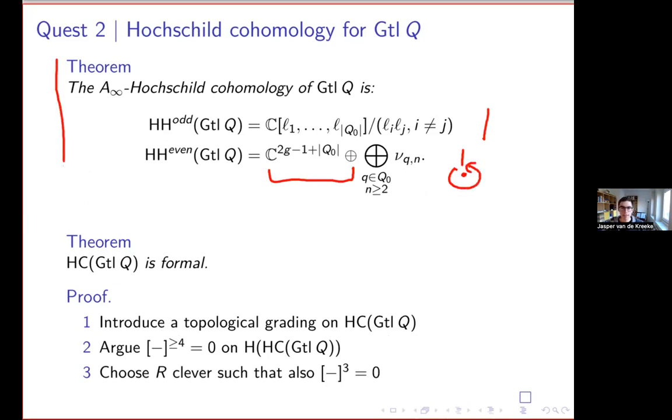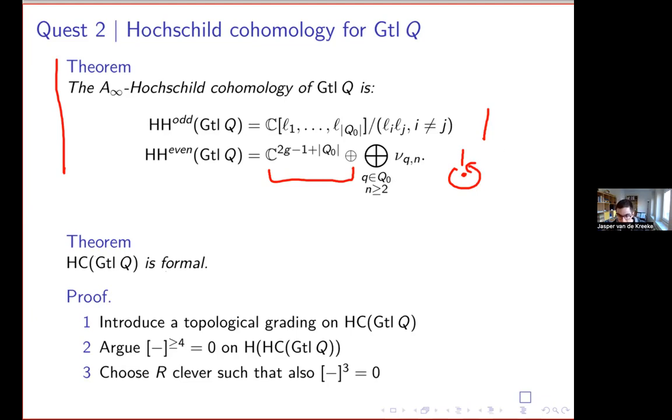This is no magic. There's work of Sheel Ganatra in the general Fukaya category case, which predicts that you get symplectic cohomology, and this is essentially an example of symplectic cohomology. And there's also work on the dual side, in the mirror, due to Michael Wang. So it was a tedious computation, but it's not a miracle.